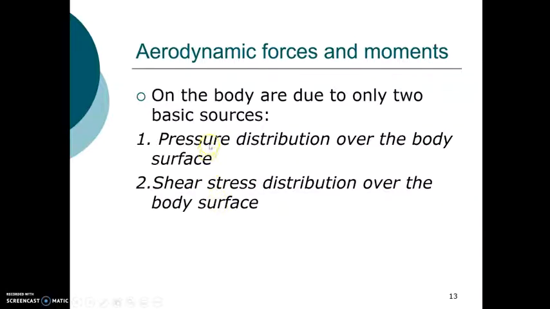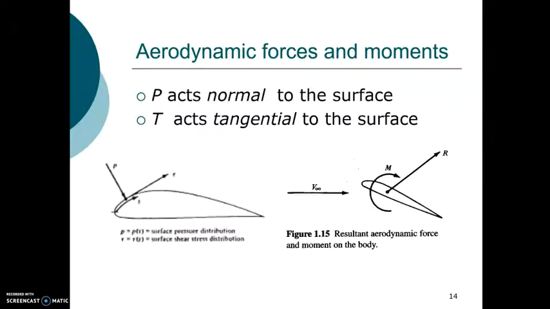So that means if you have the distribution of such pressure and such shear stress over the surface, we can integrate such distributions to get the force on that body and the moment on that body. And that is just what we'll be doing in the latter part of the course.